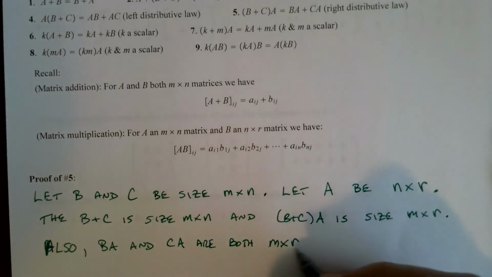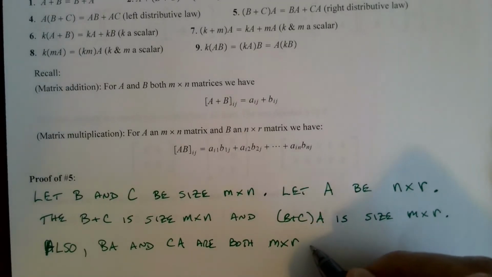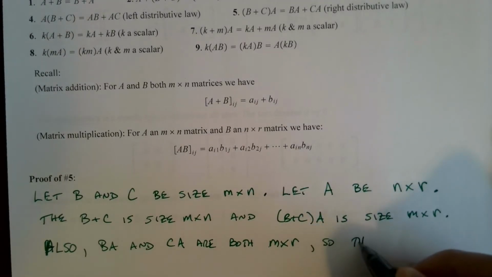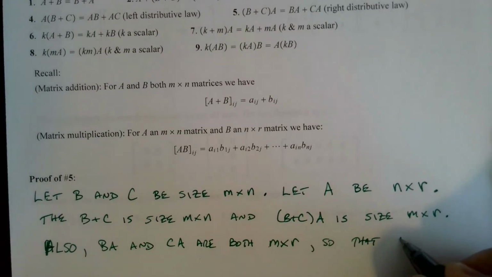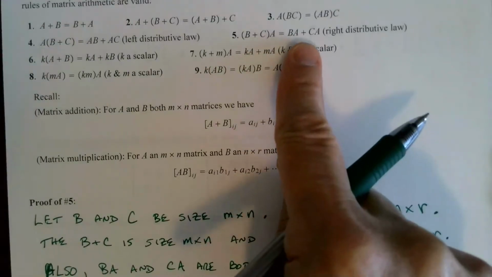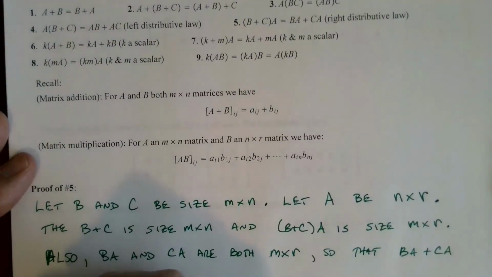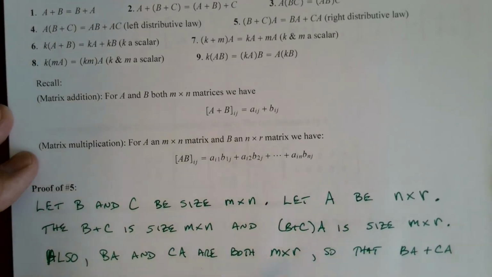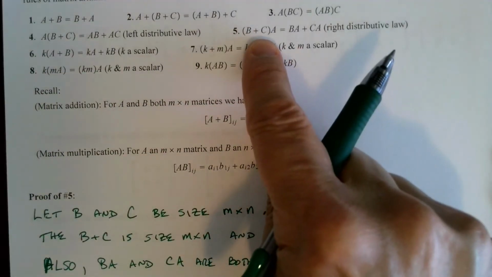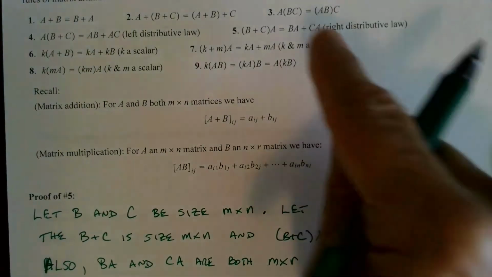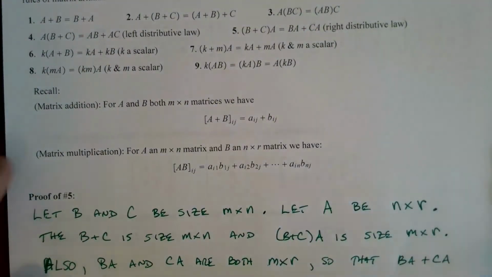So the sum of those two, BA plus CA, which is what we're looking at on the right-hand side there, is size m by r, right? So adding these two same size matrices gives us that size. And that's good because this matrix on the left side of the equation is m by r, the one on the right is m by r, so they're the same size.